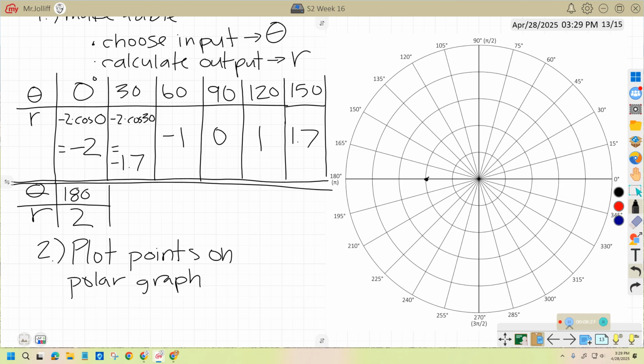And we're just going to go around the picture. 30 degrees is here, and it says 1.7. Why did nobody say anything? 1.7. There we go.